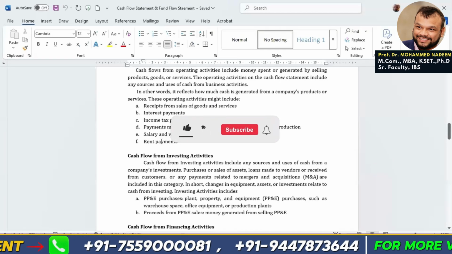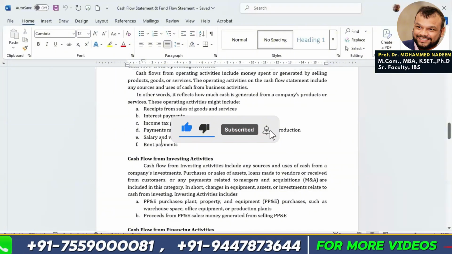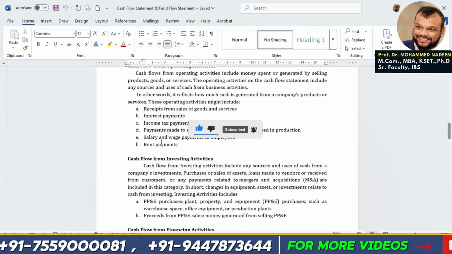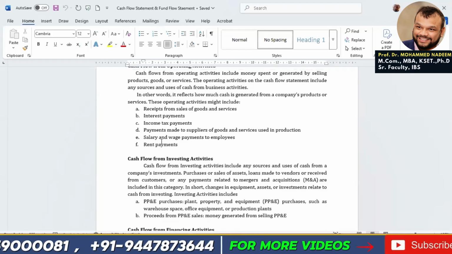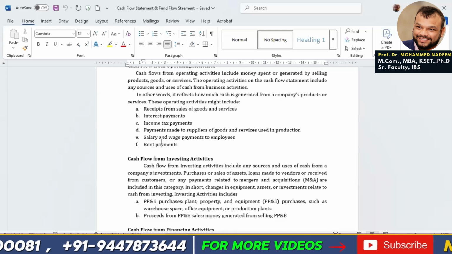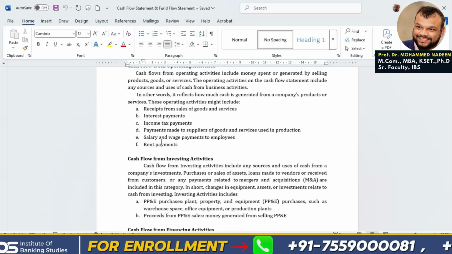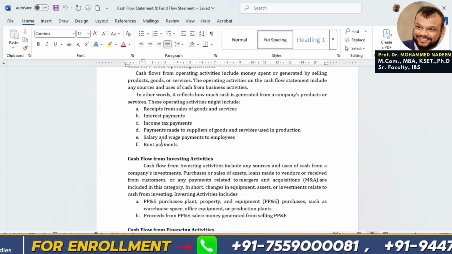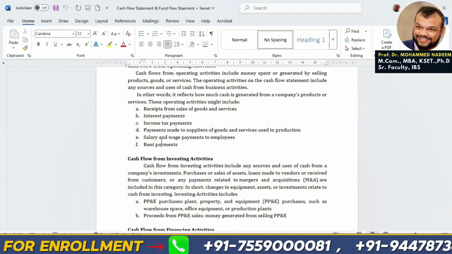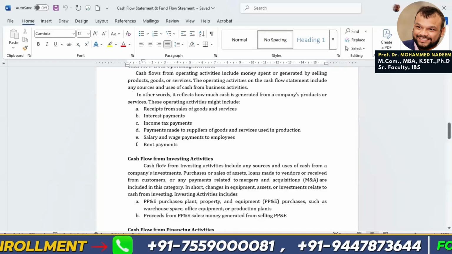Next, we have investing activity. Any business that wants to run tries to have some assets with it, like machinery, building, land or plant. The amount you get from operating activity in the form of sales and other stuff, you will invest into investing activities in the form of purchasing assets.